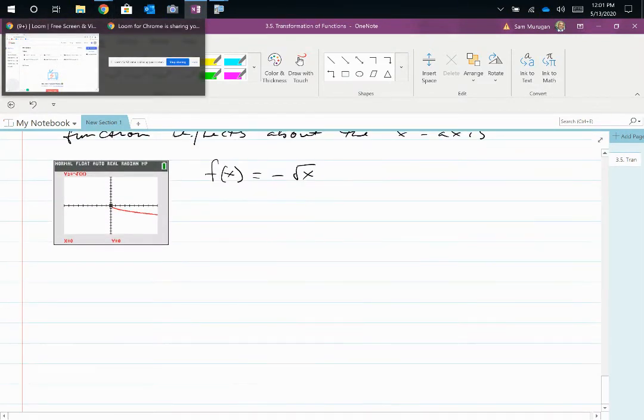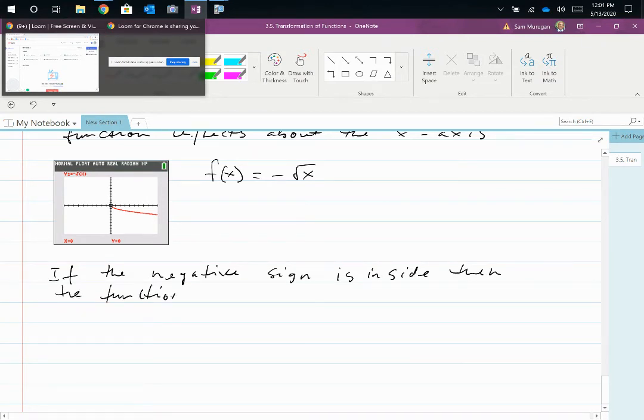And if the negative sign is inside, then the function is reflected on the y-axis.